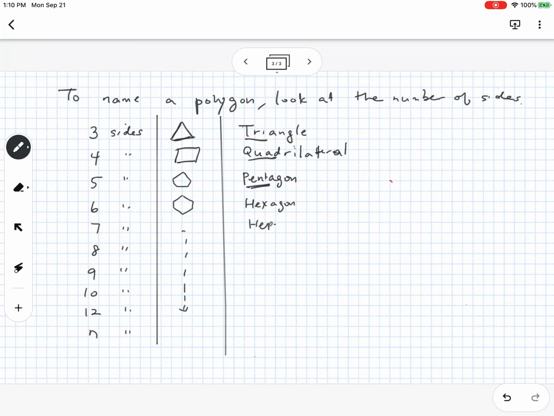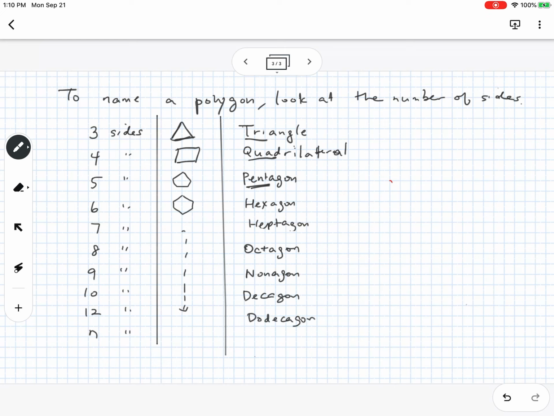A 6-sided would be called a hexagon, and then a heptagon for 7, and then an octagon for 8. Oops, I think I made a typo there. Octagon. And then a 9-sided figure would be called a nonagon. And then a 10-sided figure would be called a decagon.